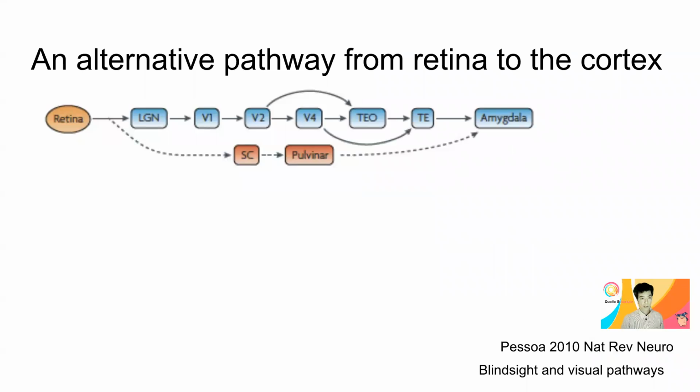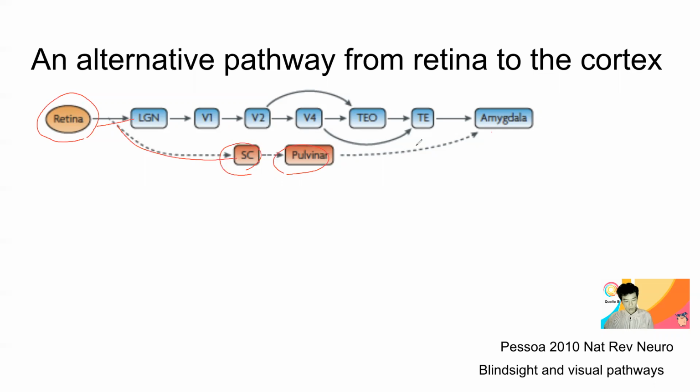This alternative pathway can be considered this way. The retina sends its main output into the LGN, but it also bypasses lots of things to the superior colliculus and the pulvinar. Suppose one of the connections goes to the amygdala, for example, which processes stimuli related to danger or feelings of fear. If you go from LGN, V1, V2, V4, TEO, TE, it takes some time.